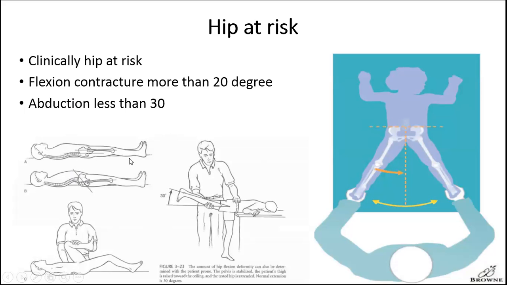So when we do a flexion of both hips, there is a decrease in the lumbar lordosis, and we keep one hip in flexion while the other starts to extend. If there is a start of anterior tilt of the pelvis, at that point we can calculate the flexion contracture, and abduction less than 30 to 45 degrees.